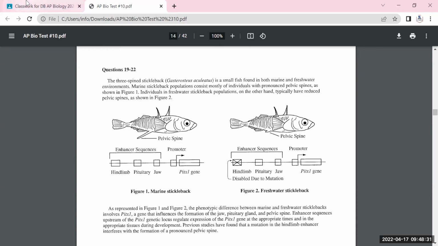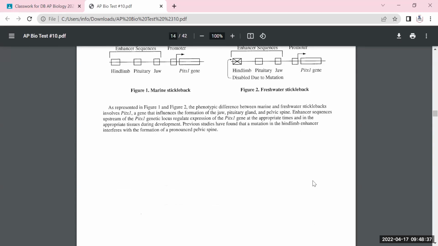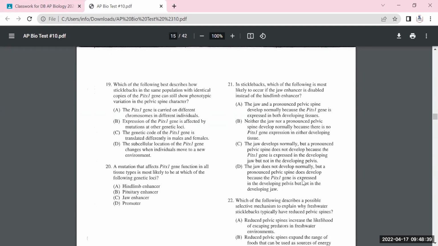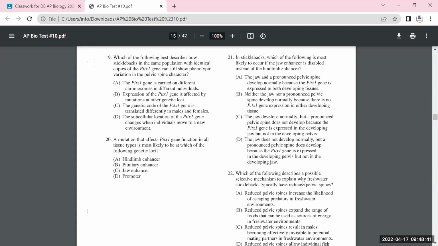You have a mutation in your enhancer sequence, so that's going to affect the transcription of this particular gene, right? They're asking how come you can have some sticklebacks in one population that have phenotypic variation in regards to your pelvic spine, what it looks like.